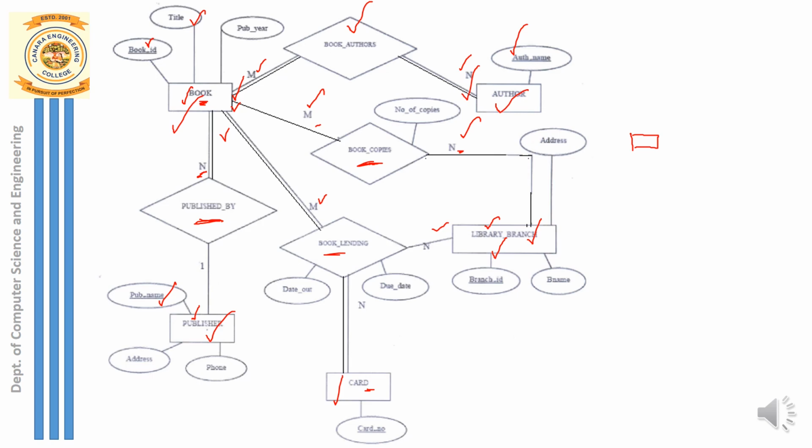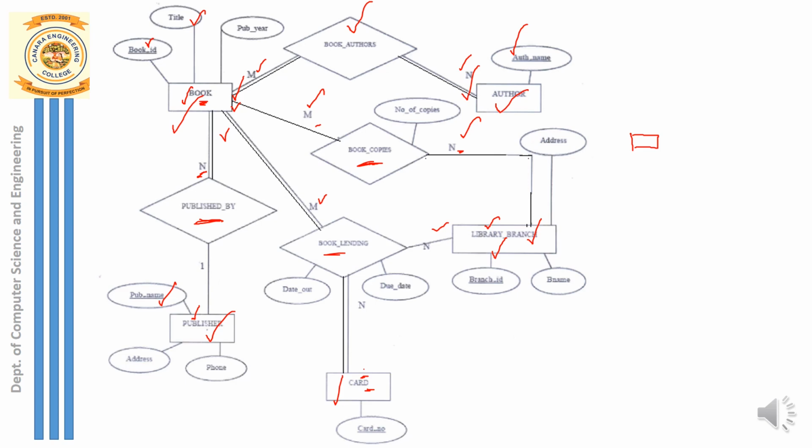Now book lending. One card can be used to borrow one particular book in a particular library, but when you go to the other library, again the card can be used there to borrow the same DBMS book.